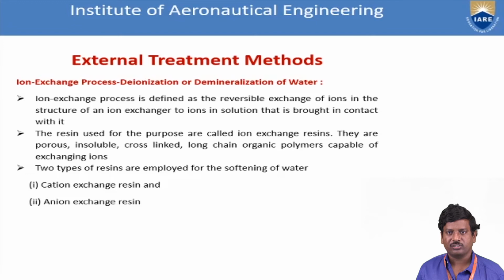The resins used for the purpose are called ion exchange resins. They are porous, insoluble, cross-linked, long-chain organic polymers capable of exchanging ions. The 2 types of resins mainly employed for the softening of water are cation exchange resin and anion exchange resin.